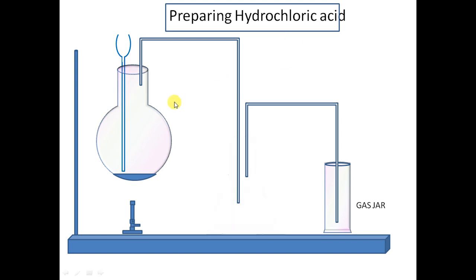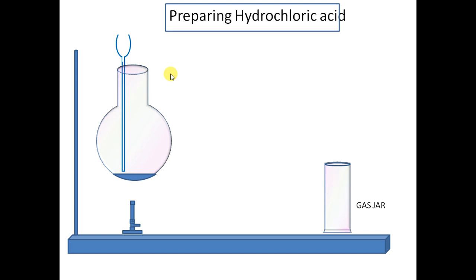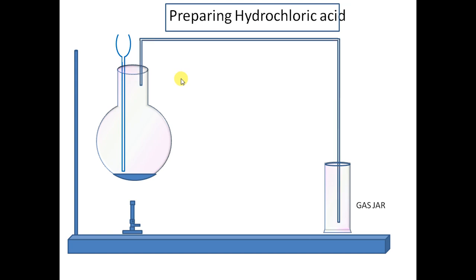Here, the conical flask which contained concentrated sulfuric acid is removed. The delivery tubes connecting to the conical flasks are also removed. A new delivery tube is connected from the round bottom flask to the gas jar, and the gas jar is filled with water.